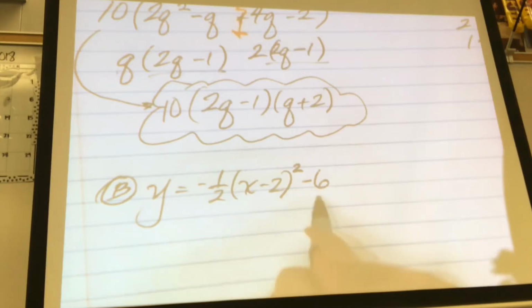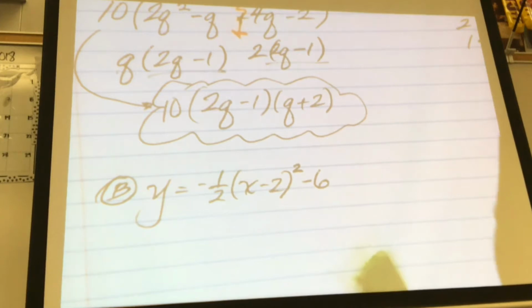So plus negative 6 is the same thing as minus 6. Nicely done. Oshini, what'd you guys get? All right. Anybody get something different? All right. Nicely done. So that's going to be my letter B.